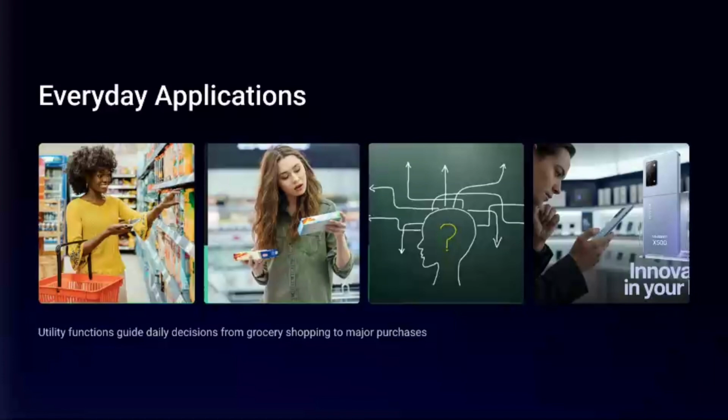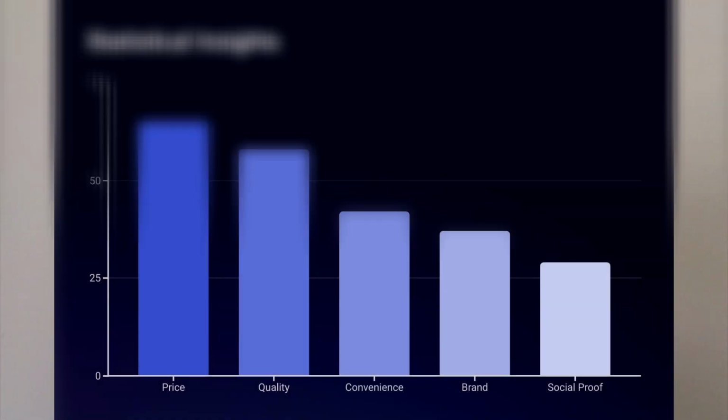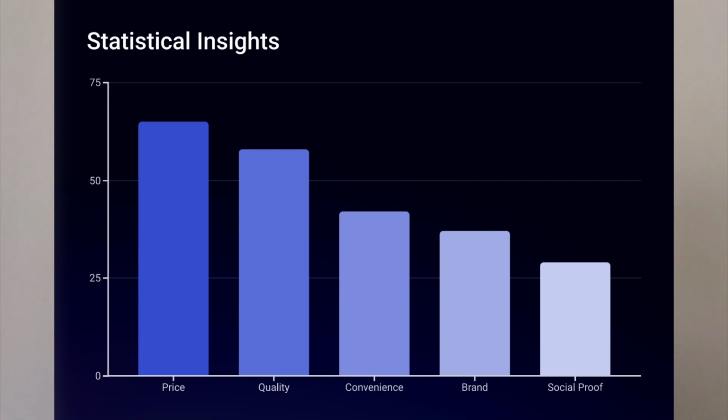To model the utility functions of different households, economists use different techniques, including surveys, experiments, and statistical analysis. These techniques enable economists to gather data on the consumption patterns of different households and the factors that influence their decision making.